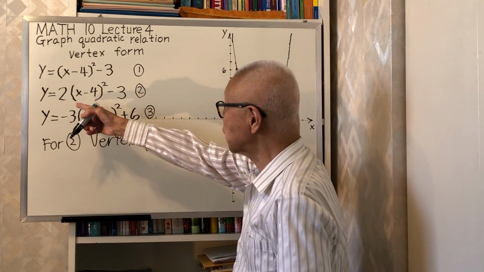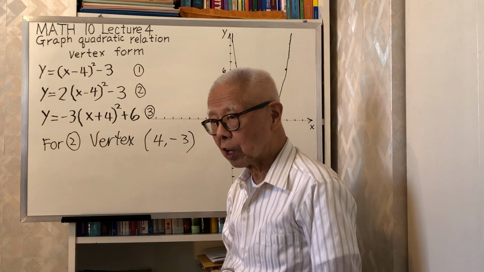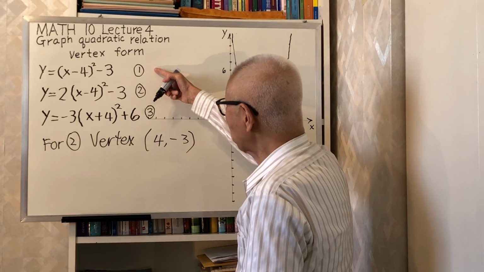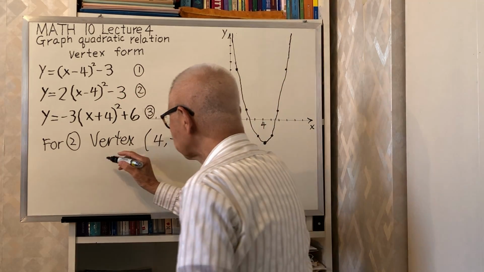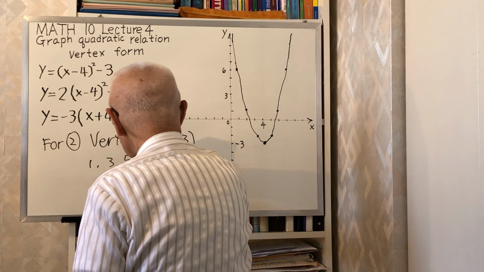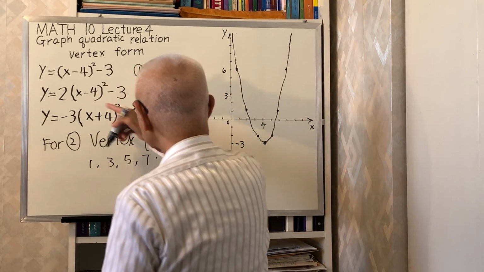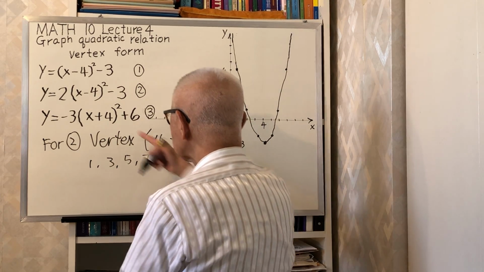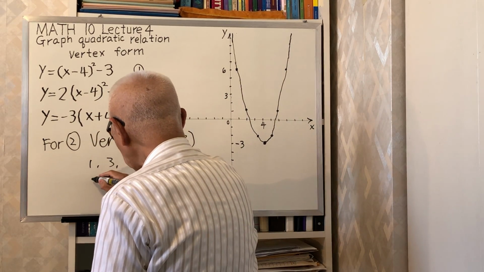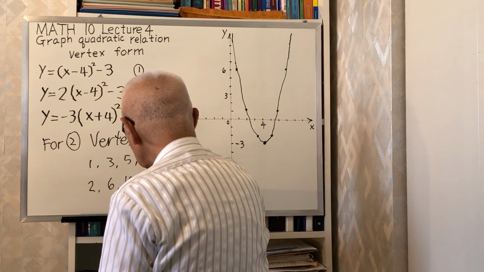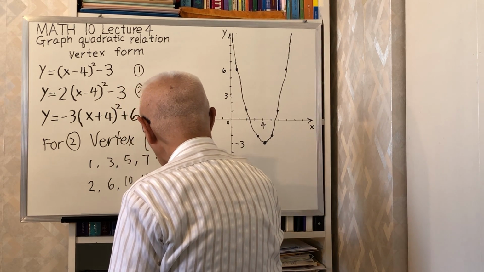But I have a 2 here. So what's the difference? For number one, you write 1, 3, 5, 7, and so on. But for number two, you have to multiply these odd numbers by 2. So you multiply by 2, I get 2, 6, 10, 14, and so on.